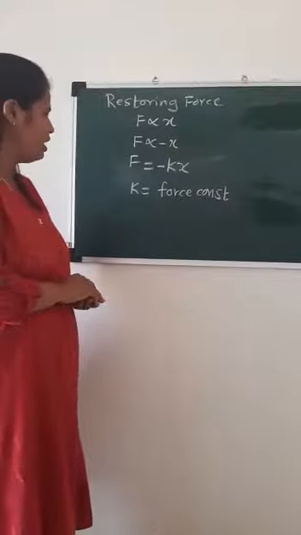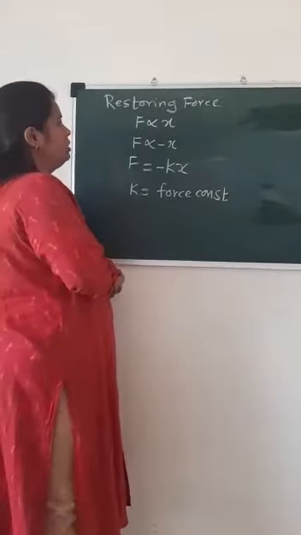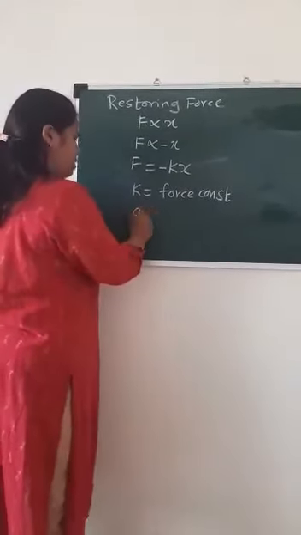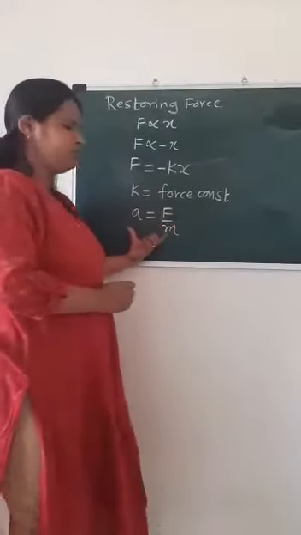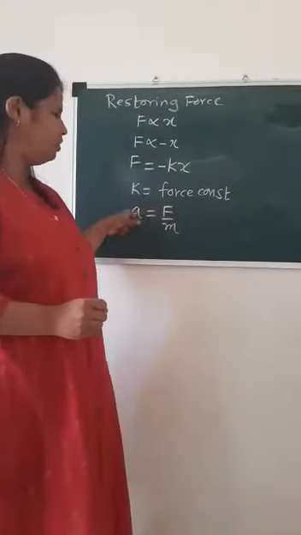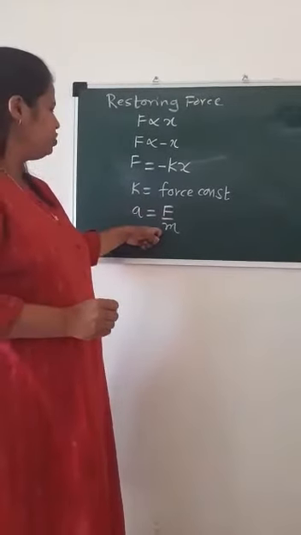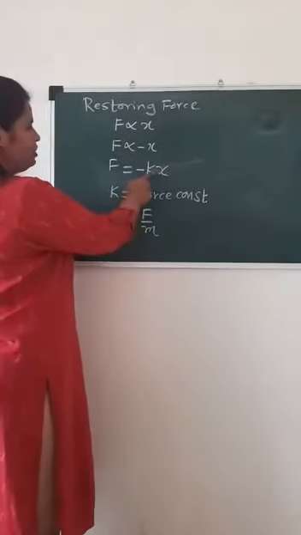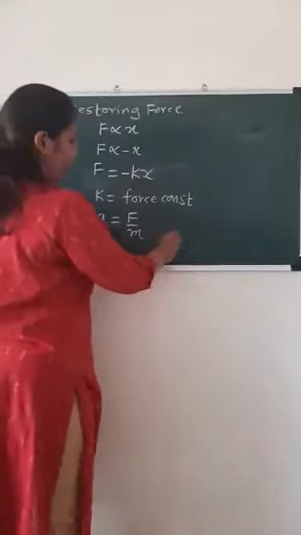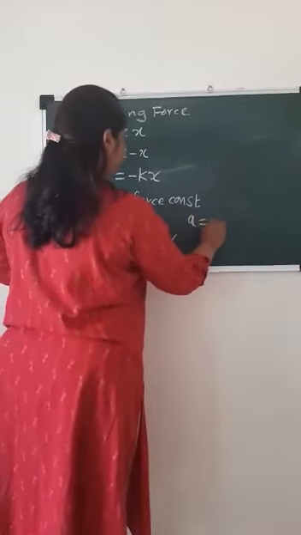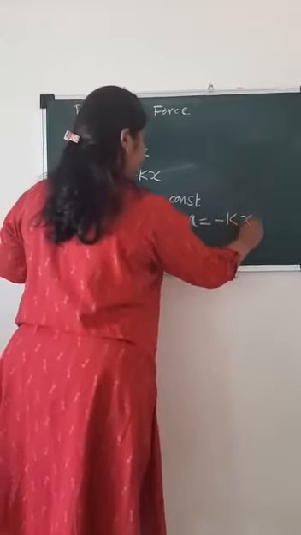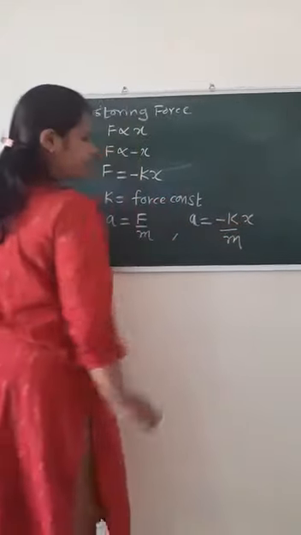Now we will find the acceleration of that block. So a will be F upon m. This comes from Newton's law, F is equal to ma. We substitute F is equal to minus kx in this formula, and we get a is equal to minus kx upon m.